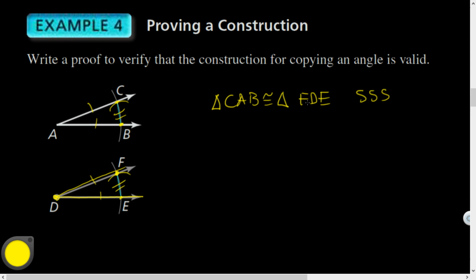And since those triangles are congruent, I can now say that angle A is congruent to angle D. Why? If the triangles are congruent, then the corresponding parts are also going to be congruent. CPCTC.